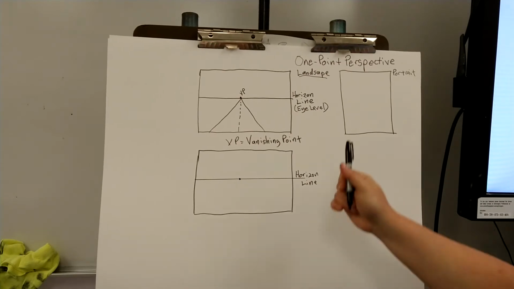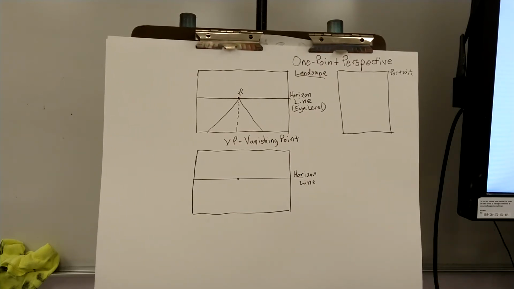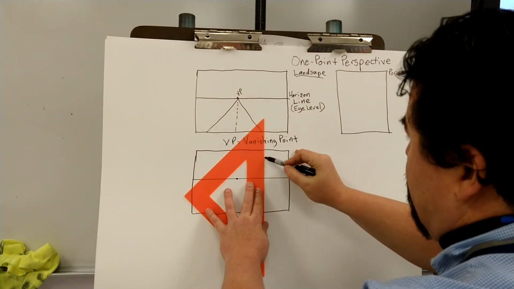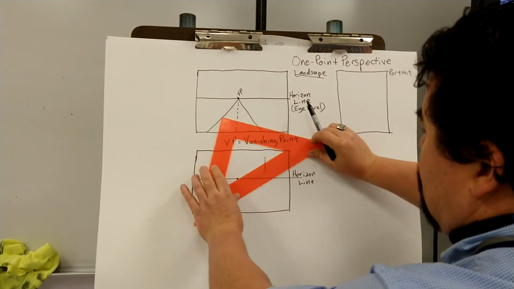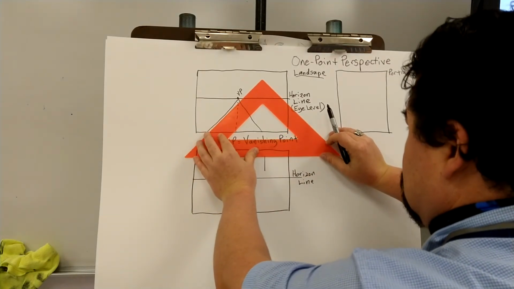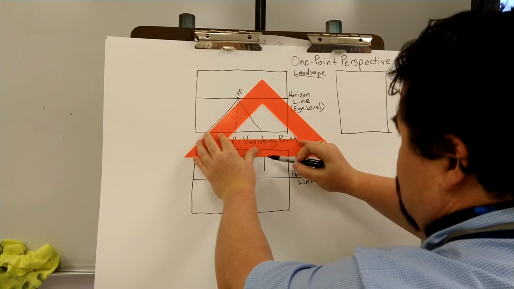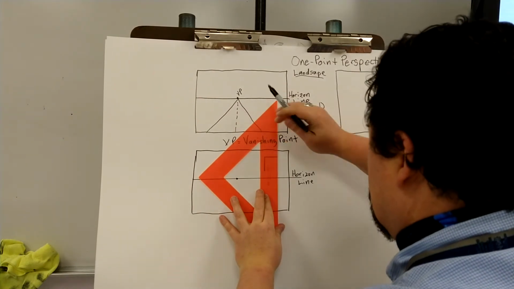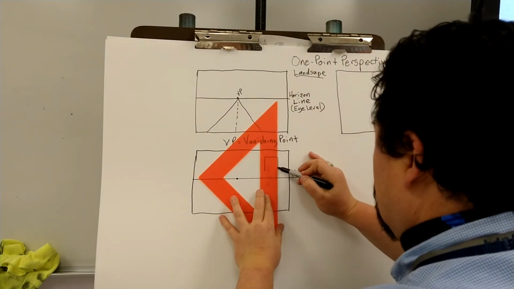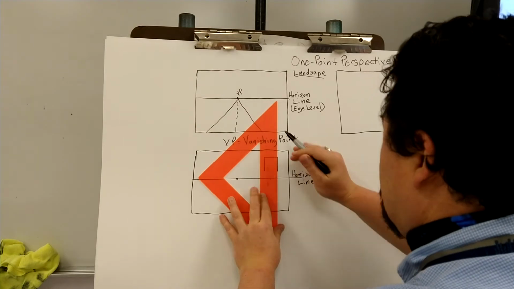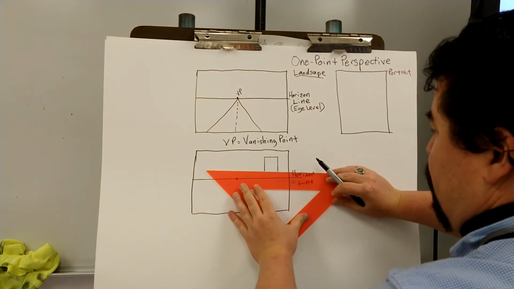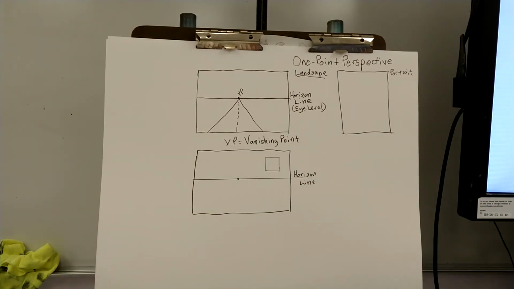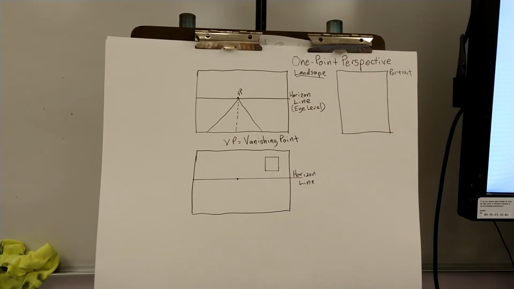Now, the first thing you want to draw when you're doing 1-point perspective cubes is a square. So that is the first step to doing a cube in 1-point perspective.